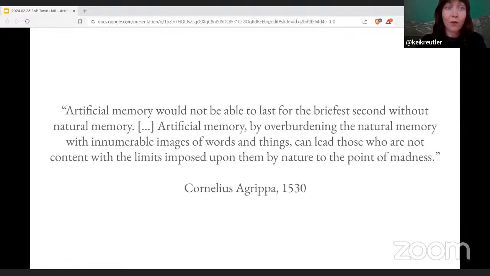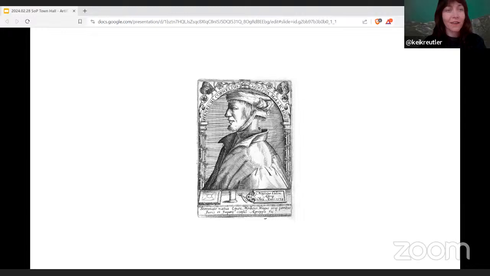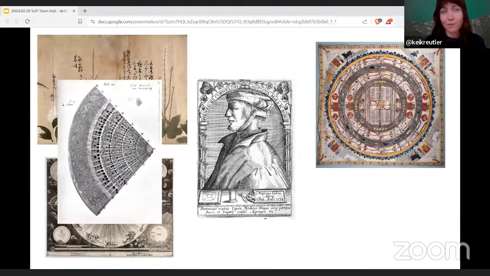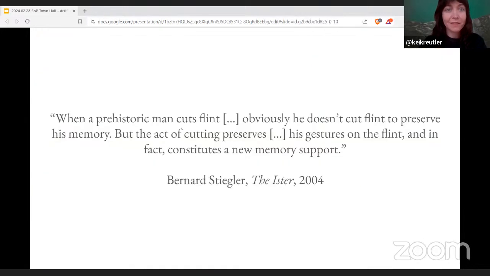Artificial memory, by overburdening the natural memory with innumerable images of words and things, can lead those who are not content with the limits imposed upon them by nature to the point of madness. So here we have Agrippa, surrounded by these images of innumerable words and things, and it's only getting worse for him, essentially.